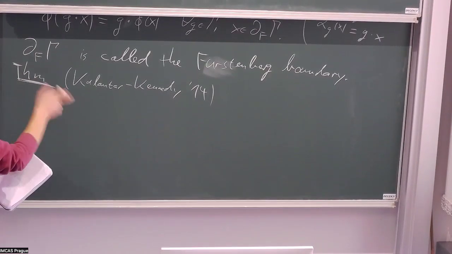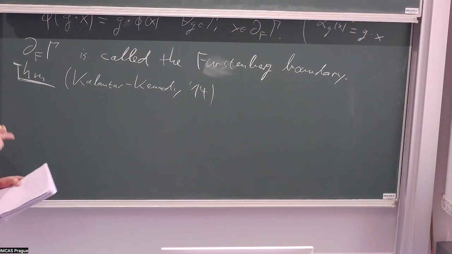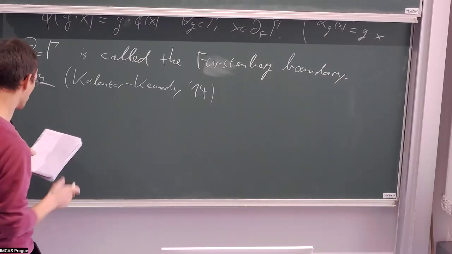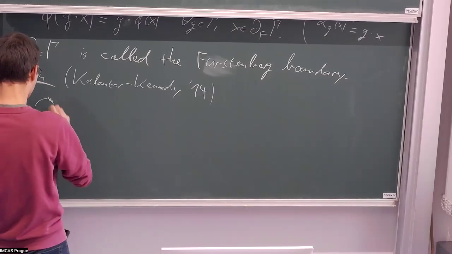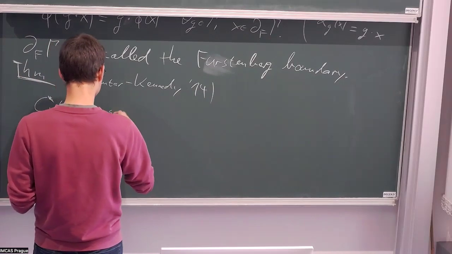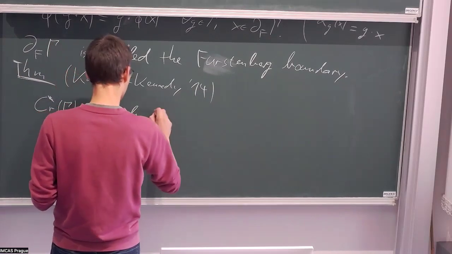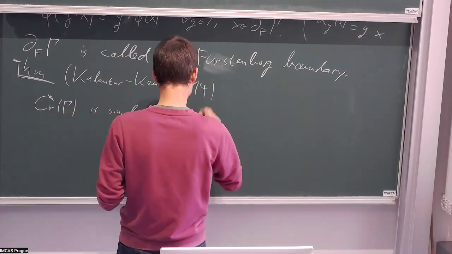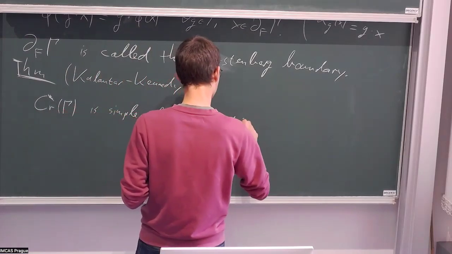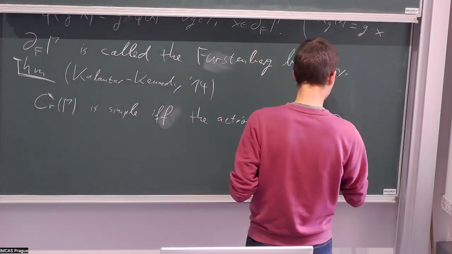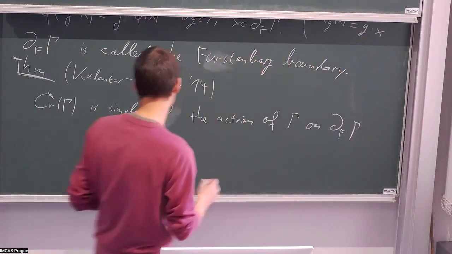And they rephrased simplicity of the reduced group C star algebra in terms of the action of gamma on its Fürstenberg boundary. So C star reduced of gamma is simple if and only if the action of gamma on the Fürstenberg boundary of gamma is topologically free.